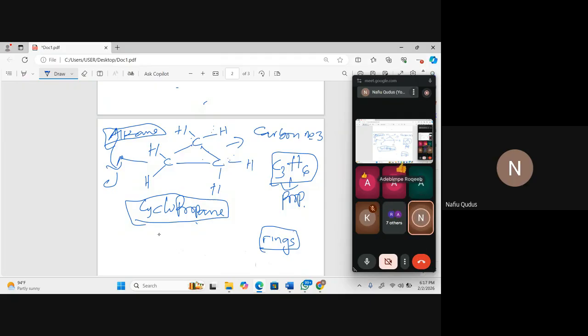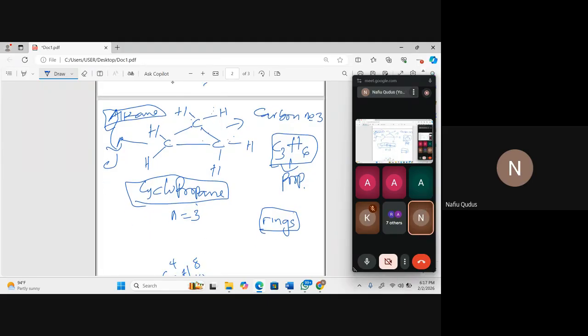For alicyclic hydrocarbons, they start from carbon number 3. The example that we gave here is carbon, carbon, carbon, which is closed. It is in a ring like this. They are closed; there is no open space here.